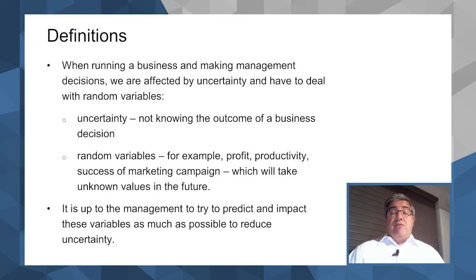In most cases, those different values will be within a certain expected range. In some cases, it will be any value whatsoever. So, for example, there are variables like profit, productivity, etc. It can be very high, it can be very low. So it can take a very large number of outcomes.